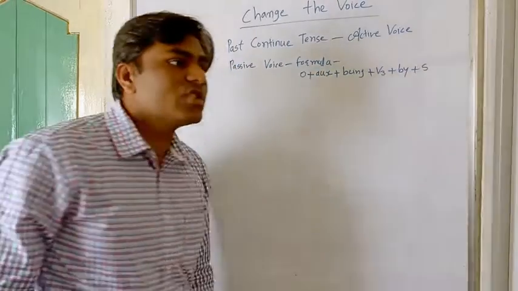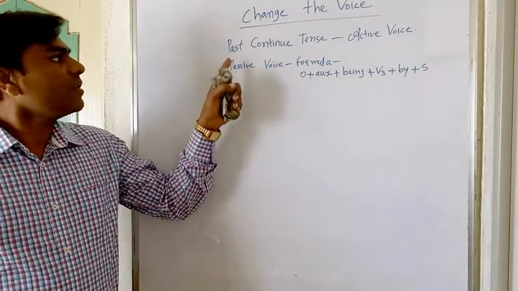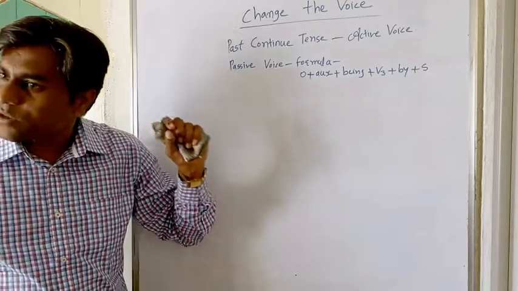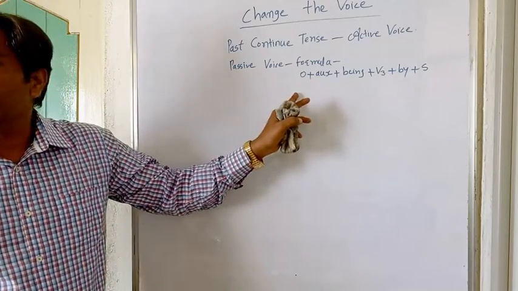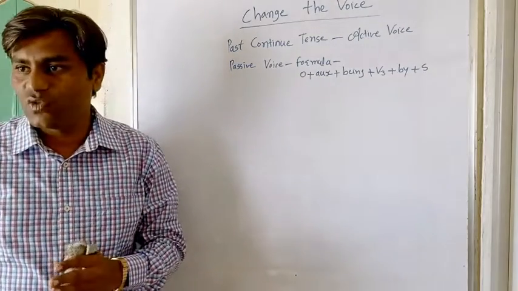Okay, so now this is the formula. Past continuous tense active voice. When we want to transform it into the passive voice, then this is the formula that we can use for changing the sentence into the passive voice.